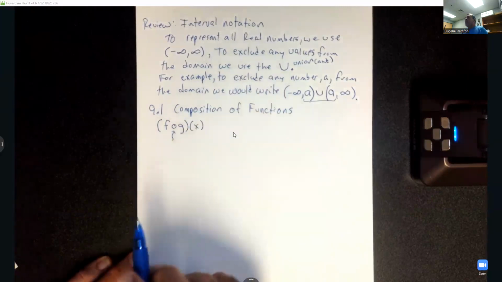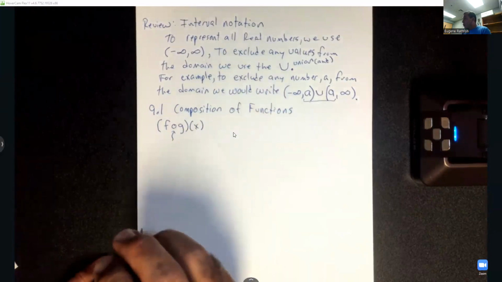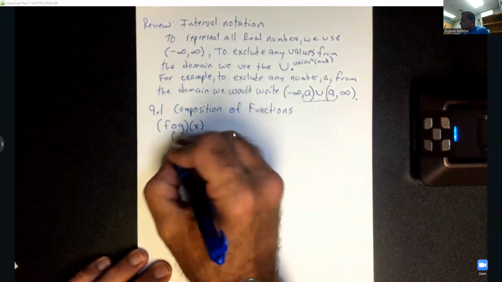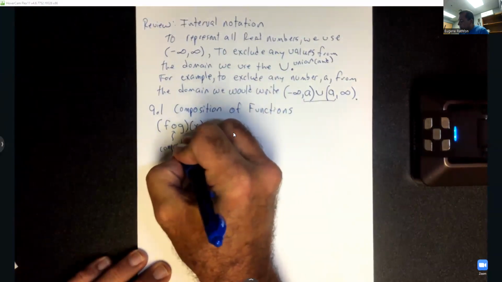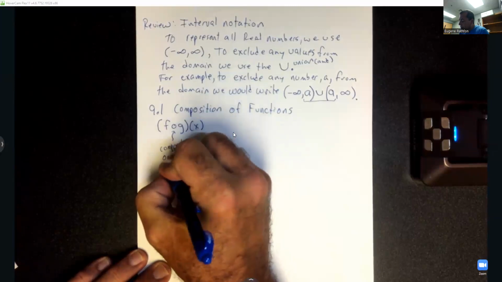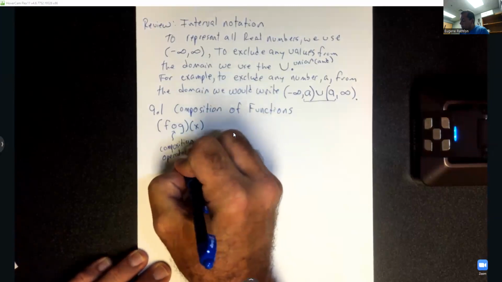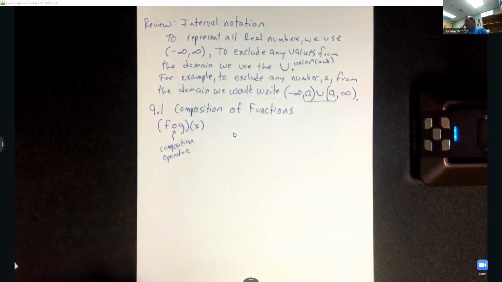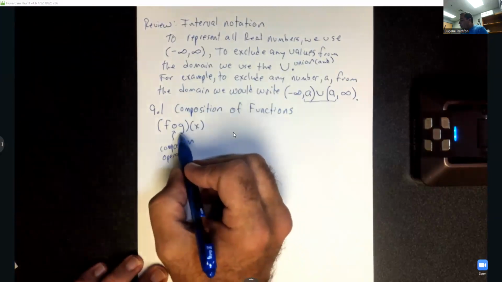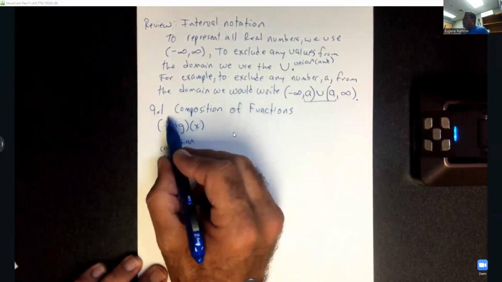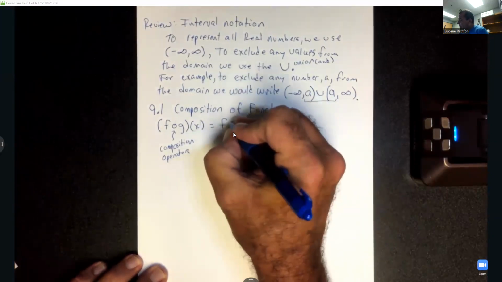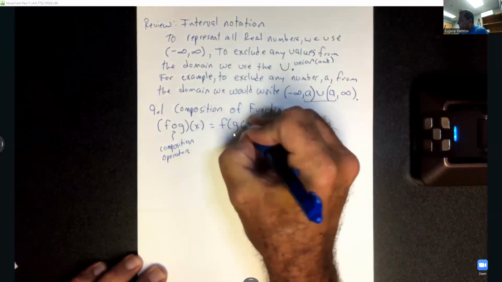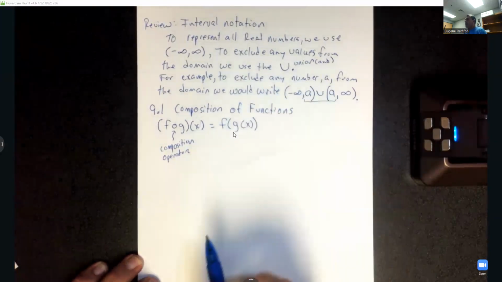Now, that's not a multiplication symbol. It's sort of like a degree symbol, but it's what we call a composition operator. And really what that means is you're going to put a function into another function. So it would be the same as finding f of g of x.